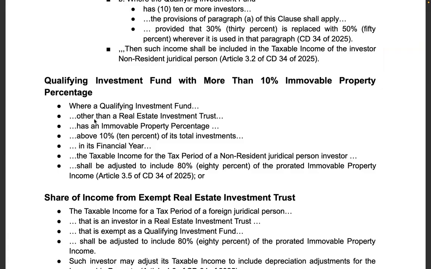Where a qualifying investment fund, other than a real estate investment trust, has an immovable property percentage above 10% of its total investment in its financial year, the taxable income for the tax period of a non-resident juridical person investor shall be adjusted to include 80% of the prorated immovable property income. So not the 100%, but only 80% of the immovable property related income.